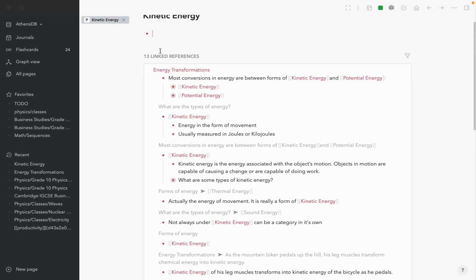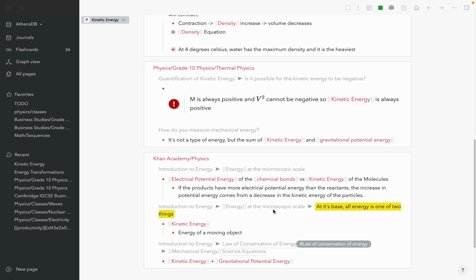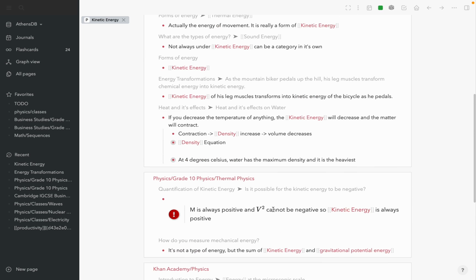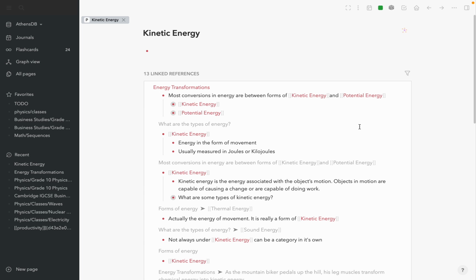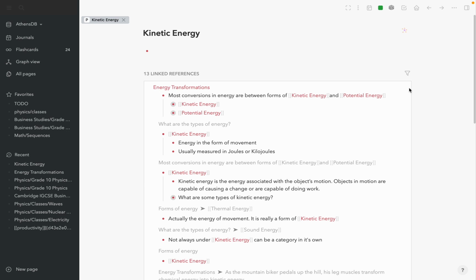You can even filter these based on the page, what things it's related to, and what terms fall under the same line. Using this, you can easily find related concepts to what you're learning about.